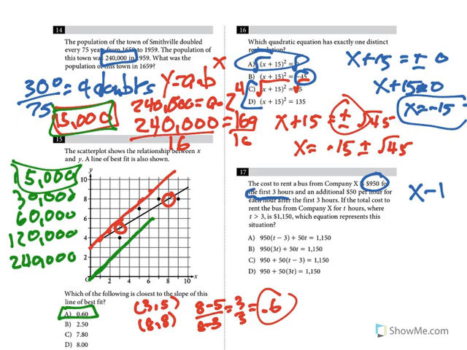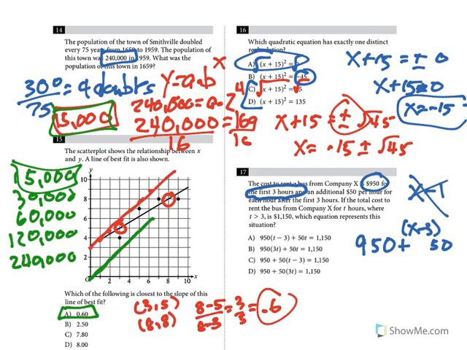Now this one's a little more tricky because it's the first 3 hours. So I'm paying $9.50 plus, what am I paying 50 cents for? Well, if I rent for 10 hours, that $9.50 covers my first 3 hours. I'm paying for the extra 7. Where did I get 7? 10 minus 3. So we're paying 50 cents for each of those x minus 3 hours.